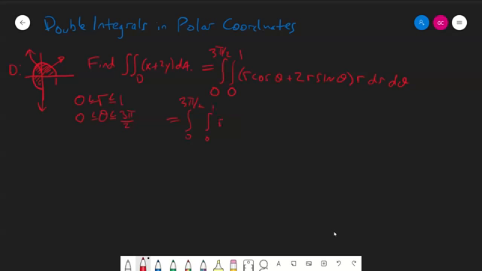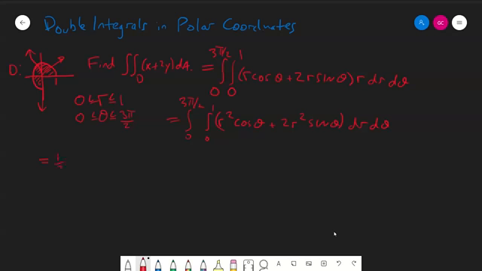So you end up with r squared cosine of theta plus 2r squared sine of theta. On the inside, we integrate with respect to r.